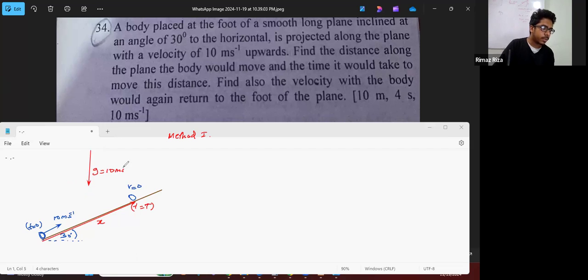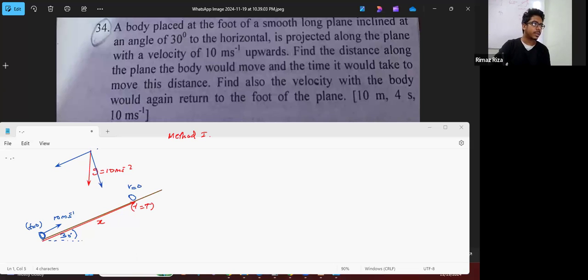So this angle is 30. I'm going to resolve this g into two perpendicular directions. One is along the plane and one is perpendicular to the plane.